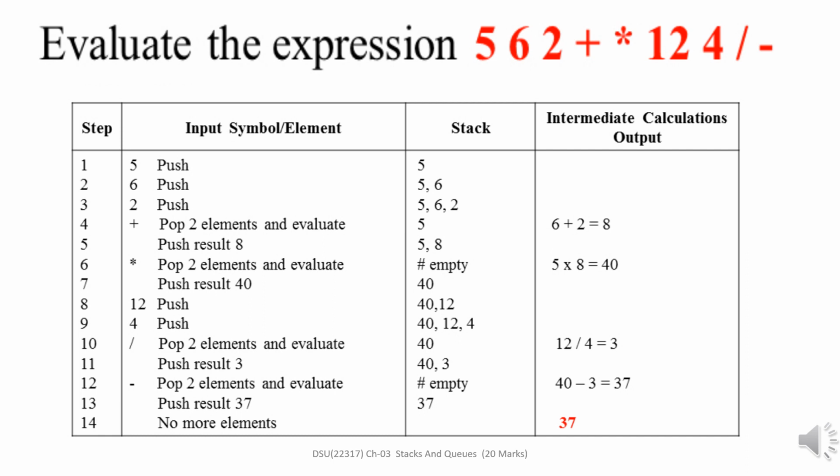Now next push 4, 4 is another operand. Now division, pop 2 elements and evaluate the expression, so 12 divided by 4 equals 3, so answer is 3. Now again in the stack there is a 40 comma 3. Now next operator is minus, so 40 minus 3, that is 37, means our answer is 37.